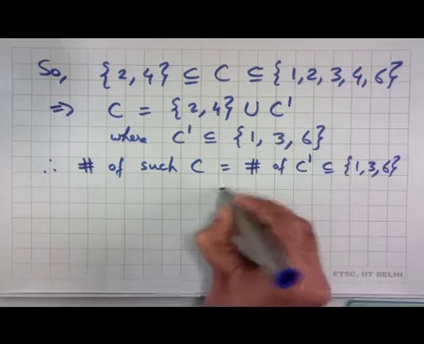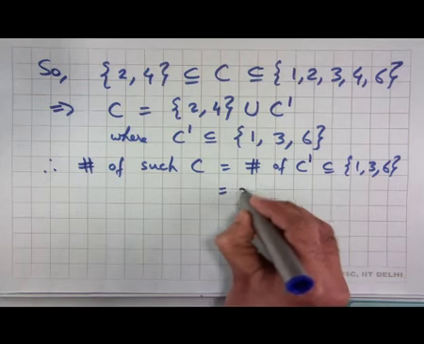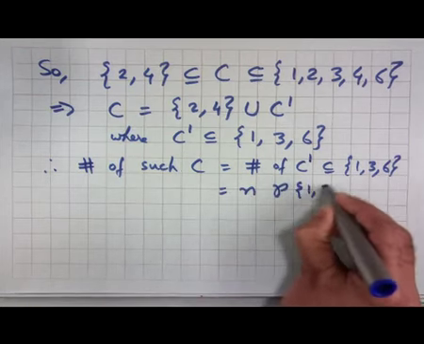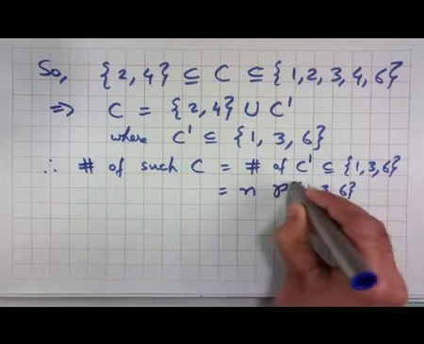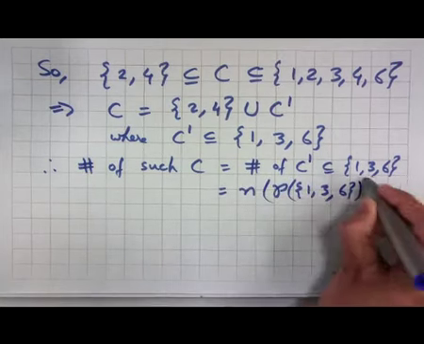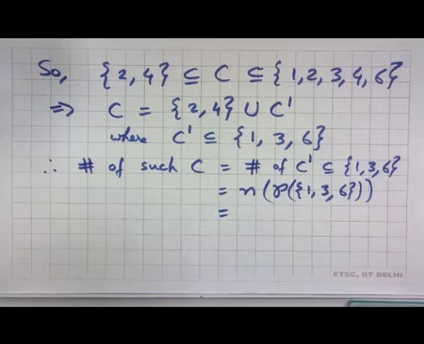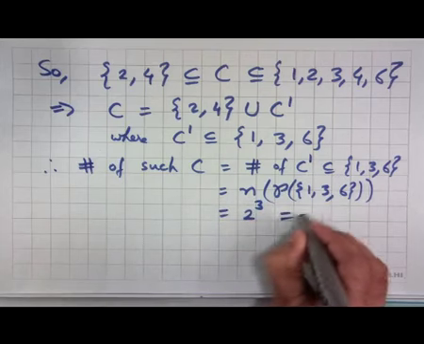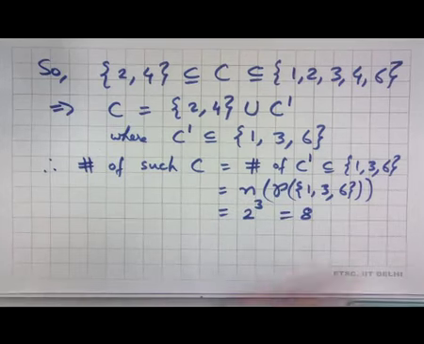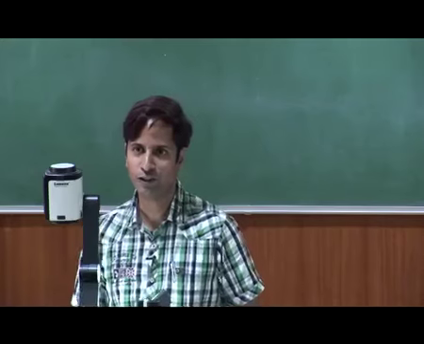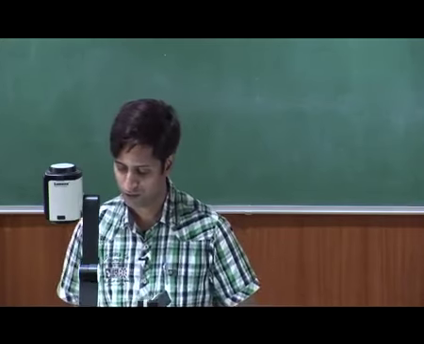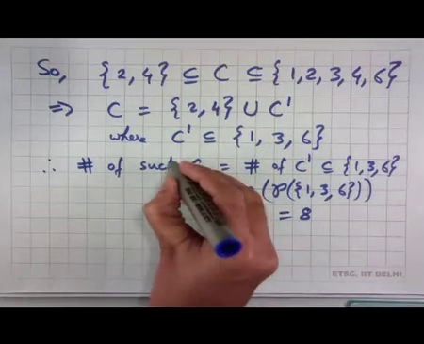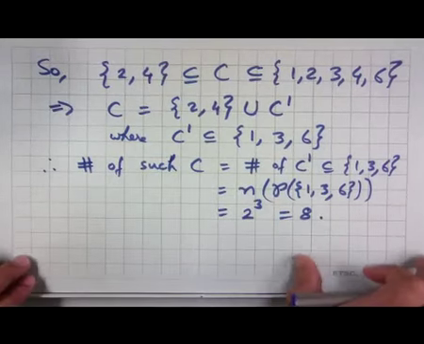And this is nothing but the number of elements in the power set of {1, 3, 6}. So, {1, 3, 6} has 3 elements, so the power set will contain 2 to the power 3, which is 8 elements. So, even if the sets had 10 or 20 elements, you can do it like this and calculate the number of sets C.